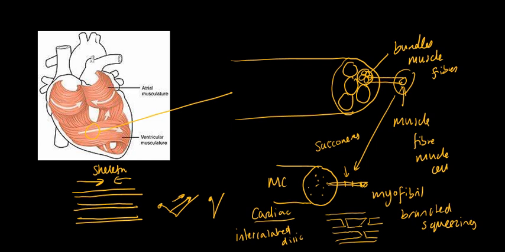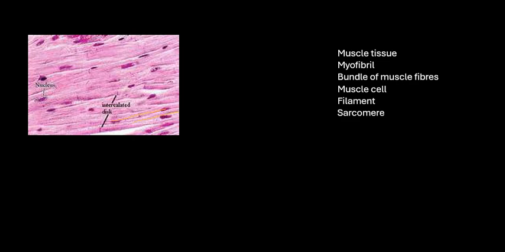So if we look at a diagram here, this is our cardiac muscle, and we can see our branched myofibrils, as well as our intercalated discs separating these muscle fibers into their sections.